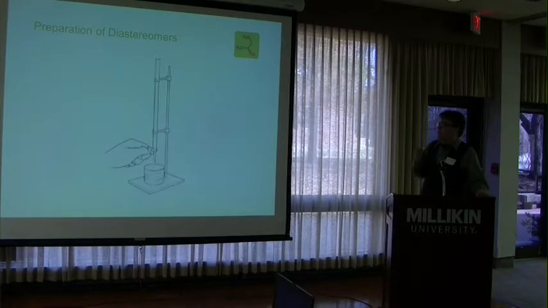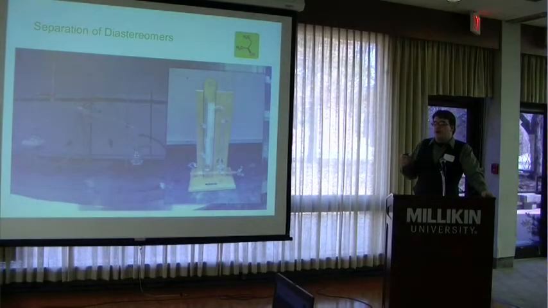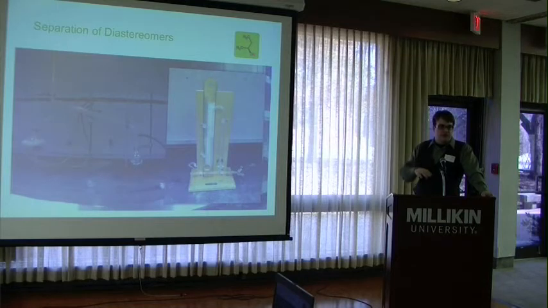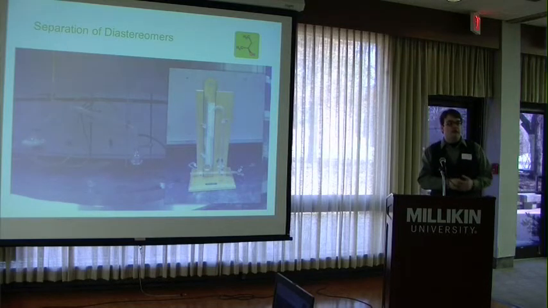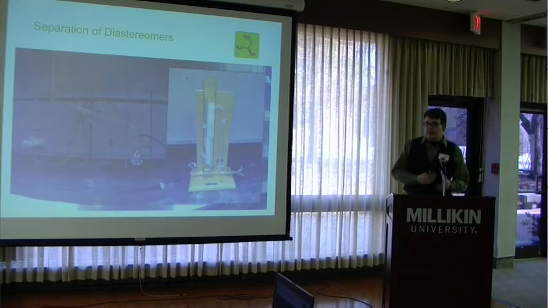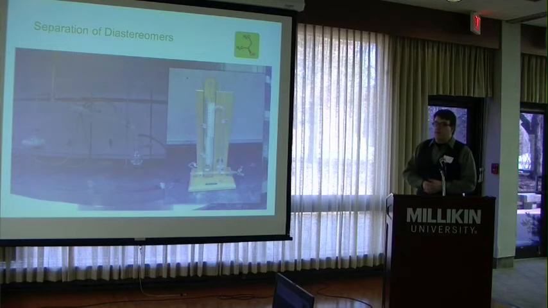So we prepared these diastereomers by simply adding the butanol to a mixture of the lactic acid in the presence of an additional acid catalyst. Then we distilled them. If you remember, the Fischer esterification is an equilibrium reaction, so in order to not play with this equilibrium very much, we decided that it would be best to pump as little heat into our distillation as possible.